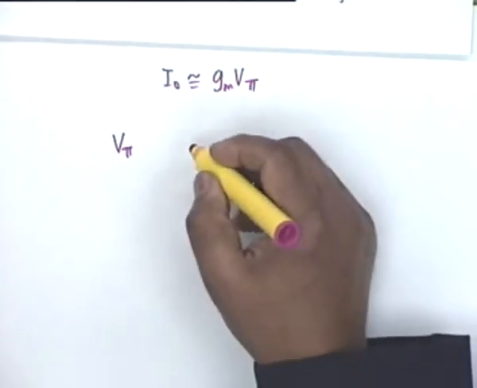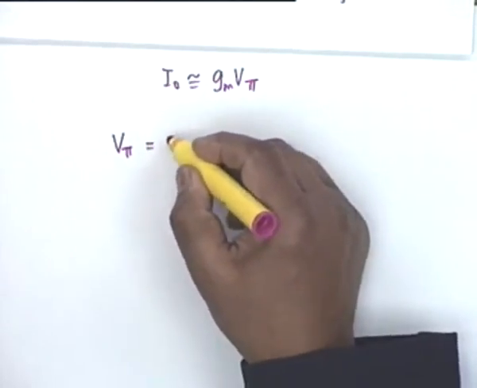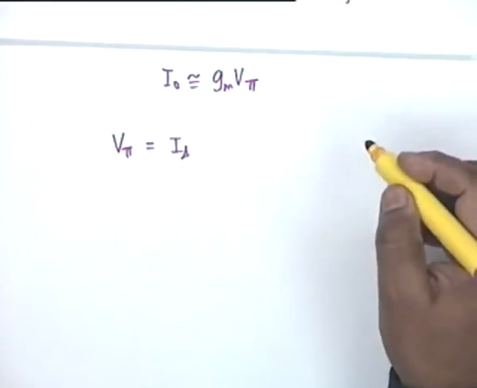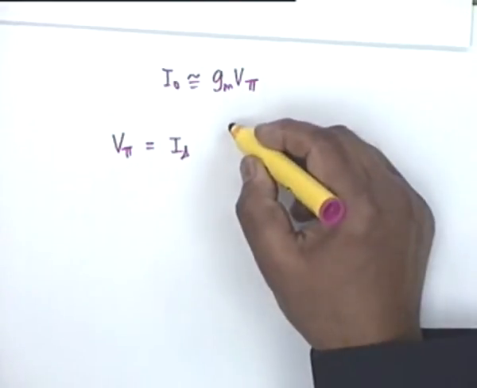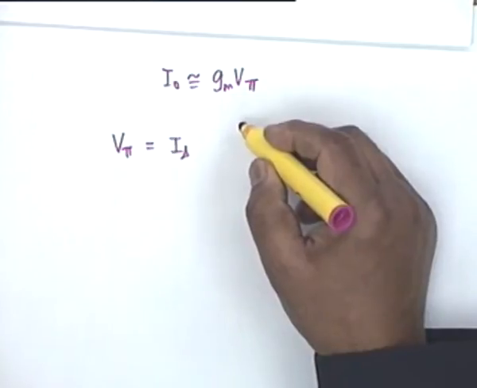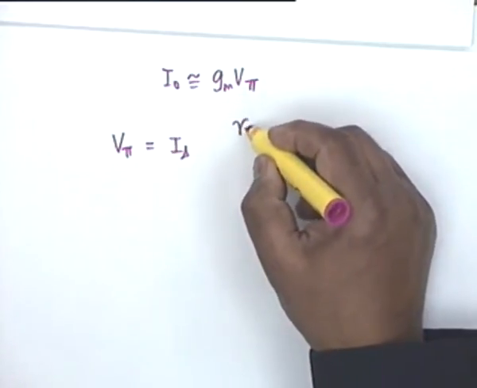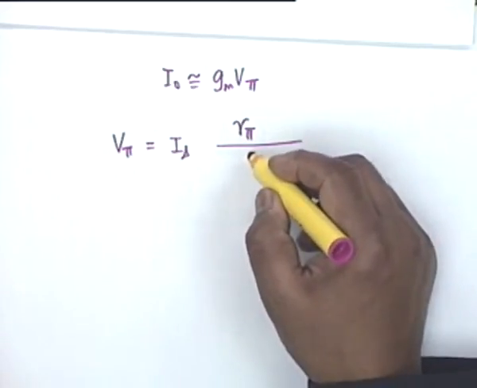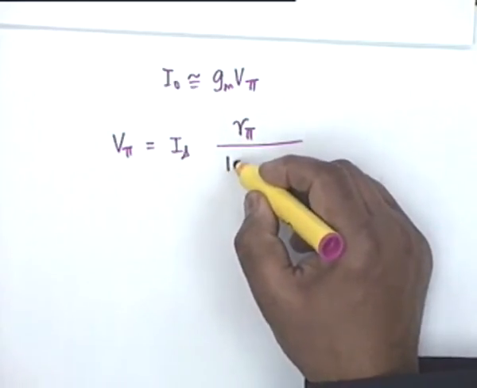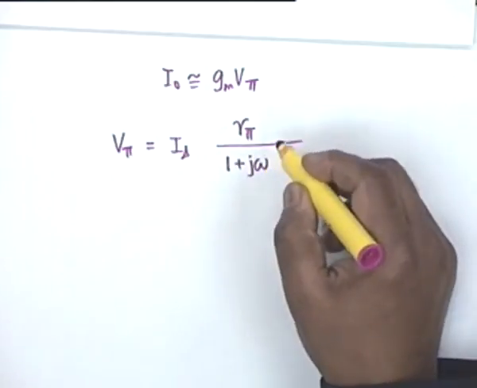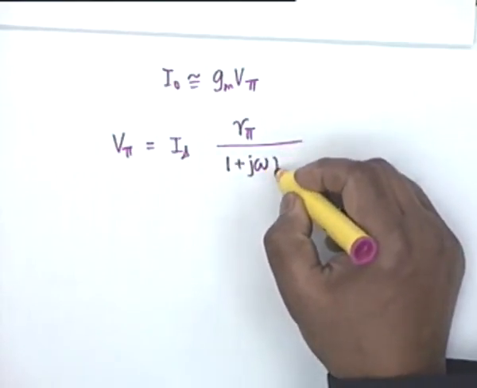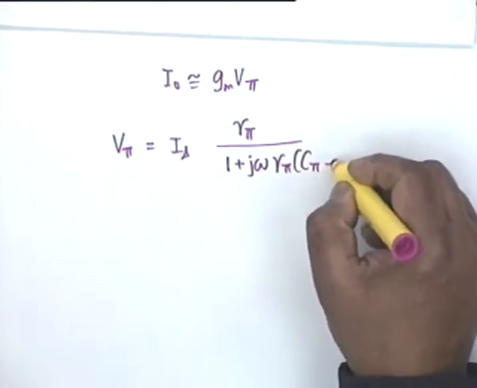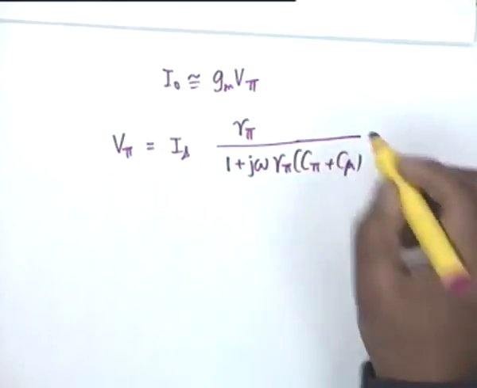So V pi would be equal to Is multiplied by the effective impedance. It is a parallel RC combination, so it would be R pi divided by 1 plus j omega R pi multiplied by C pi plus C mu, absolutely correct.